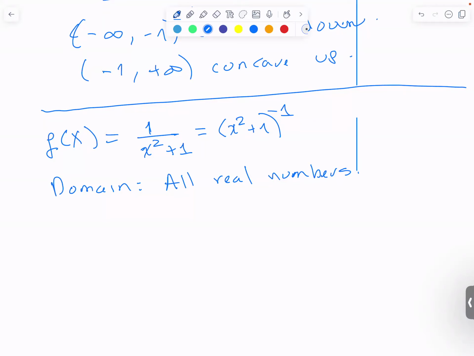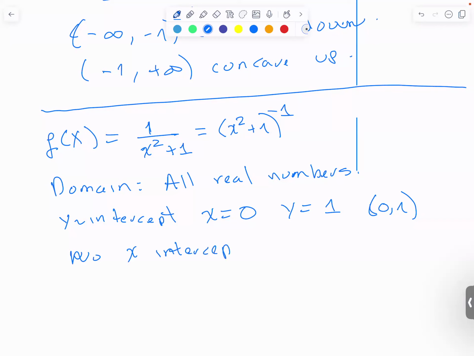Let's find the y-intercept. When x equals 0, y equals 1. I mean, there's a y-intercept here at the point 0, 1. There's no x-intercept, because that function is never 0.